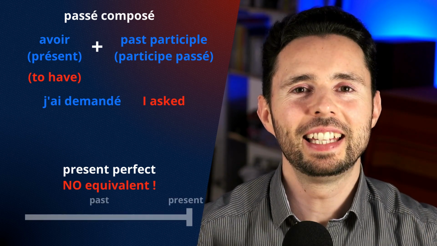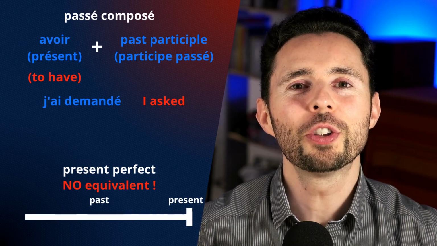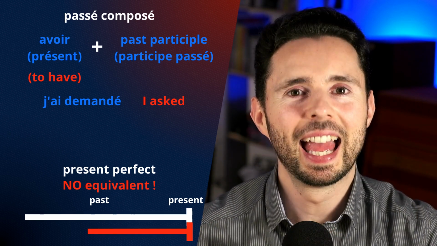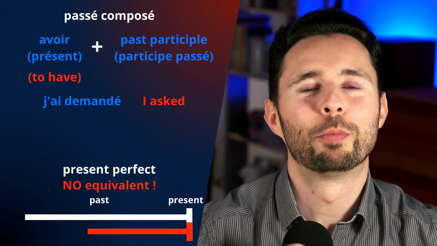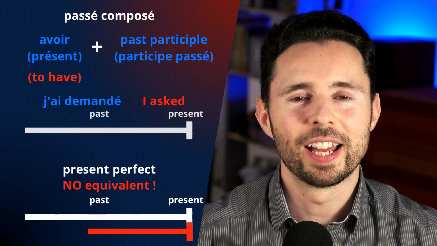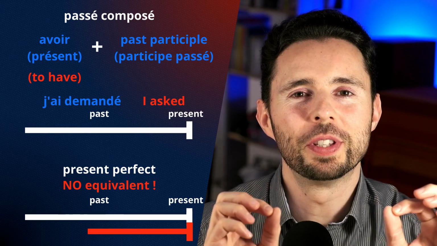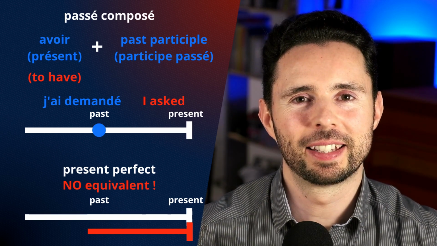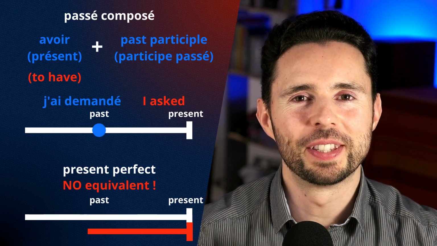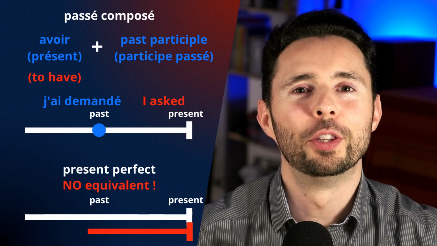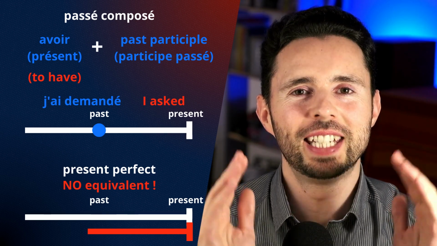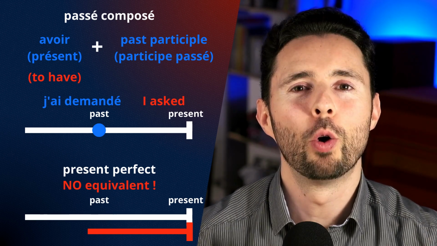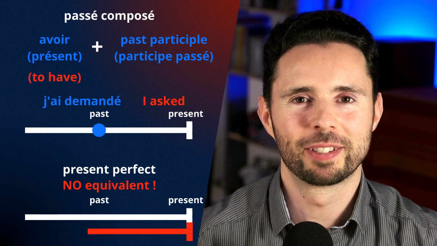Because the English present perfect is also often used for actions that start in the past and still keep on going in the present. Whereas the passé composé is used for short actions in the past. So these actions are usually over in the present. So keep in mind that French and English past tenses work on different logics.